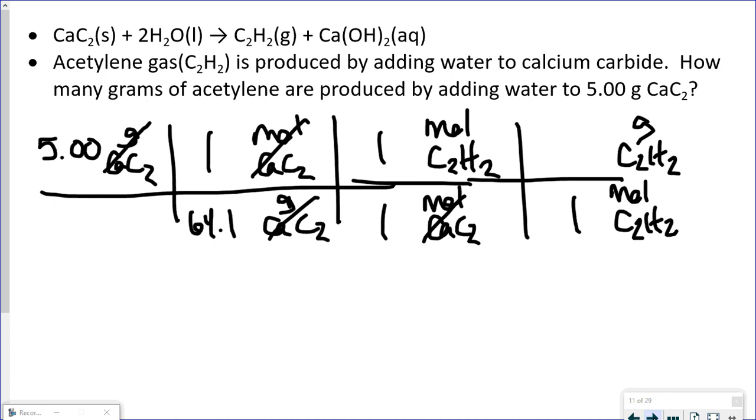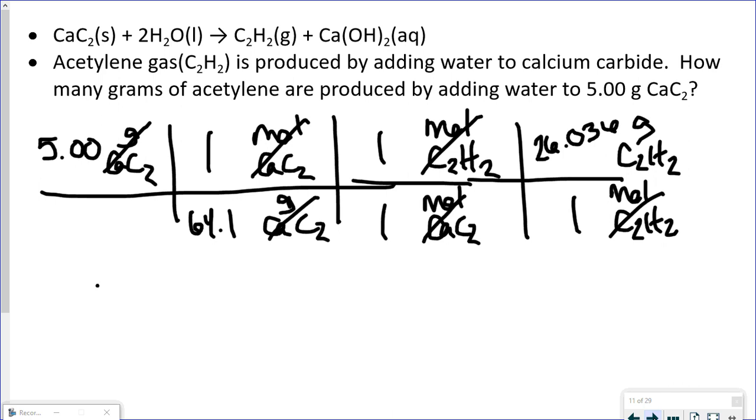So we have 2 carbons that are 12.01. Add to that 2 hydrogens that are 1.008 apiece, and we have a molar mass of 26.036 grams per mole. That cancels out moles of acetylene, leaving us with grams of acetylene.